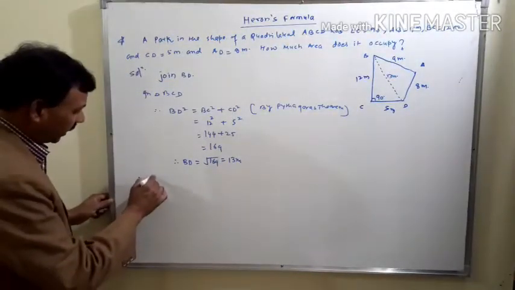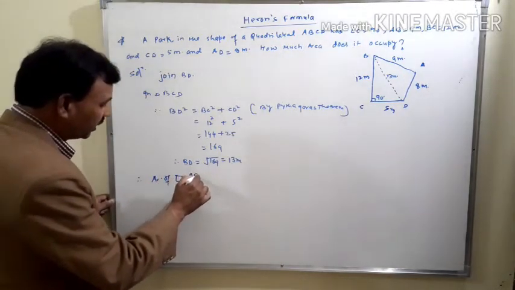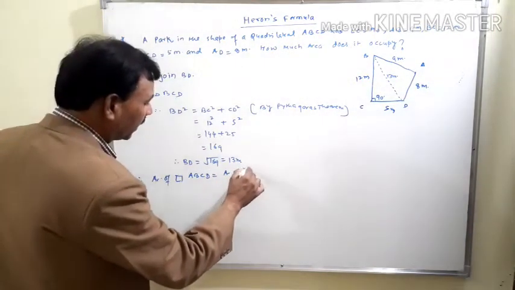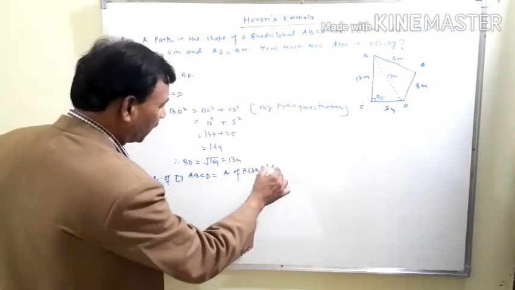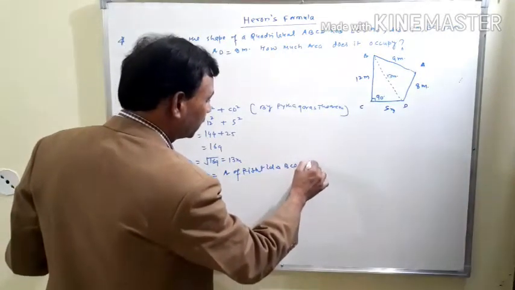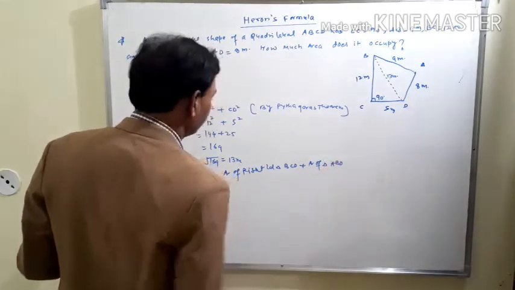Therefore, we can write area of quadrilateral ABCD equal to area of right angle triangle BCD plus area of triangle ABD.